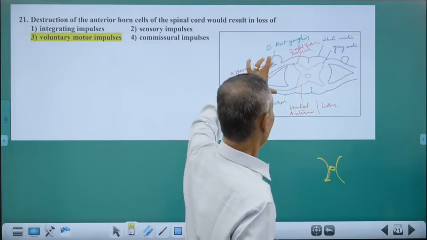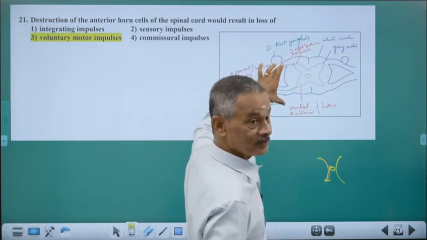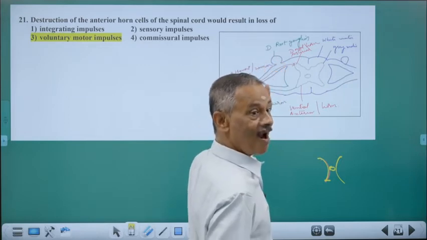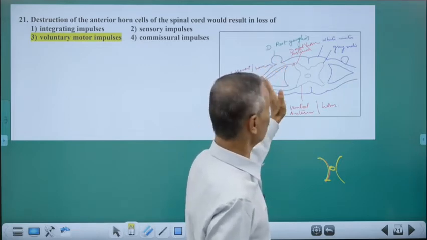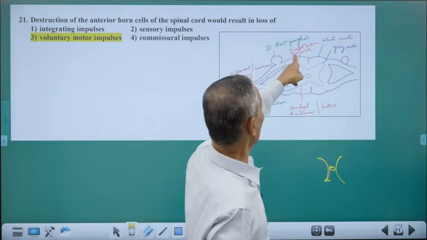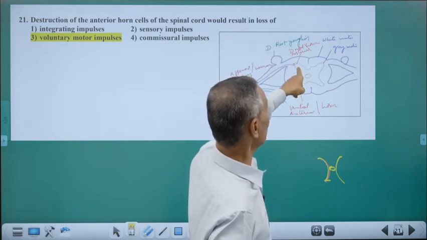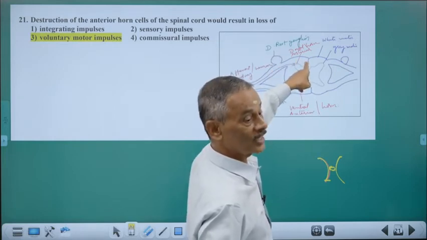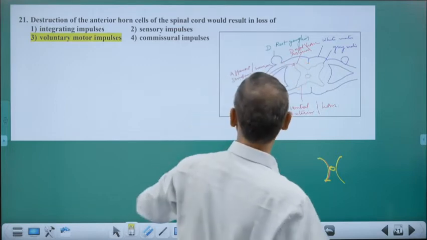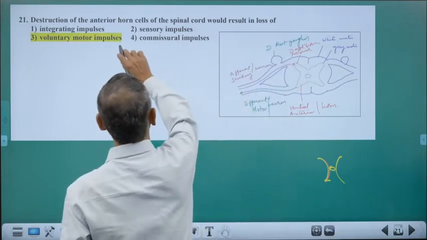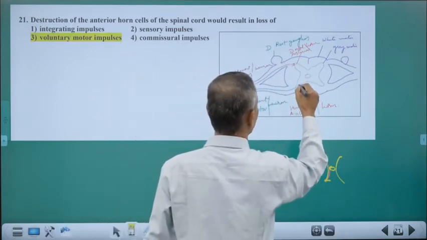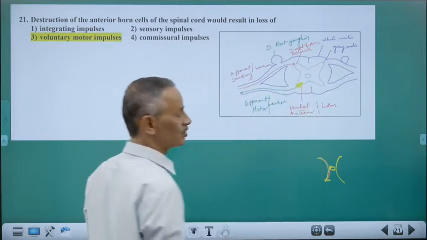Clear? Here, there is one-way traffic. All the information coming to the central nervous system comes through the dorsal root. It first comes to the dorsal horn, the posterior. Now the question is, what will happen if the anterior horn cells are all damaged?